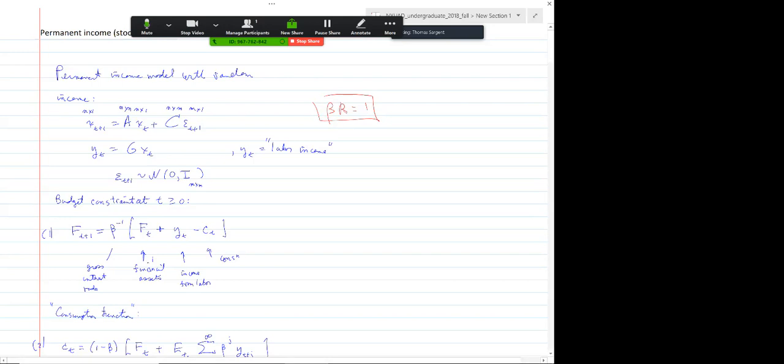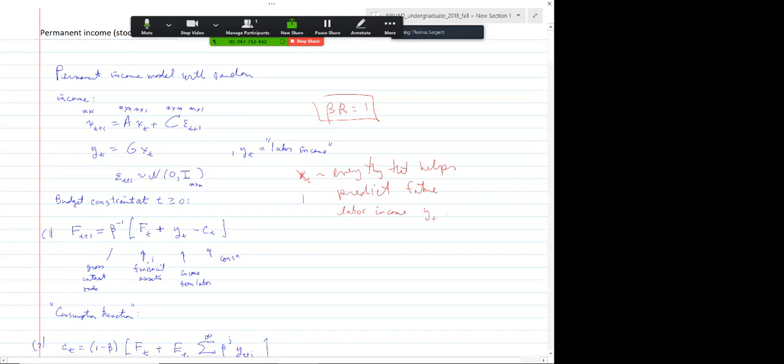We're going to assume that YT is equal to G XT, where XT is the state. The way to think about it, the state is everything that helps predict future labor incomes YT.